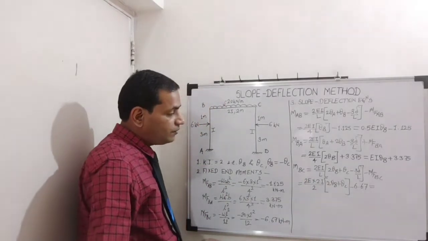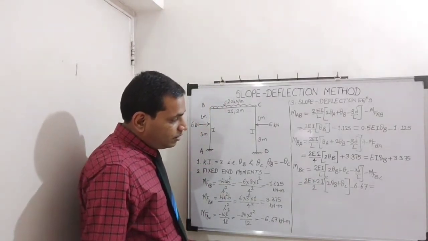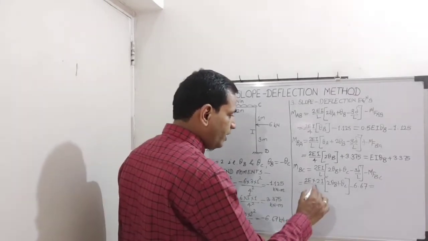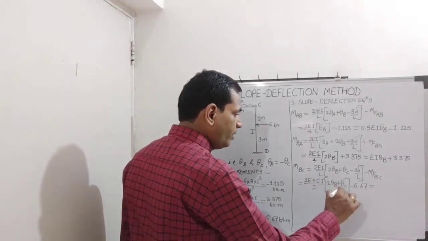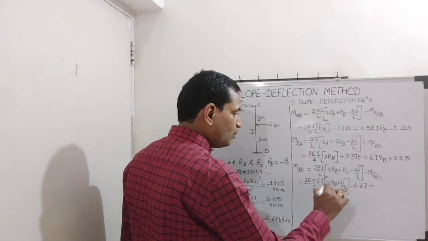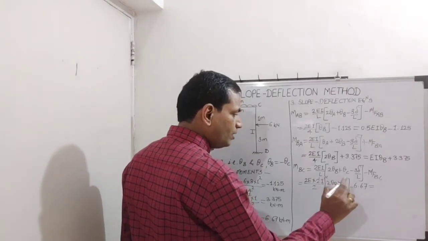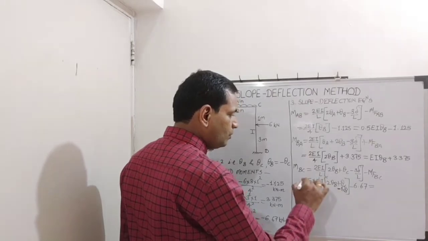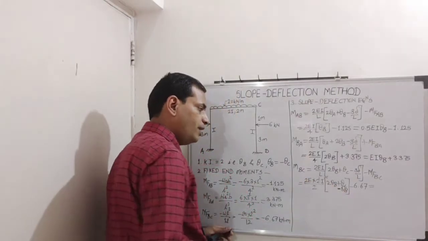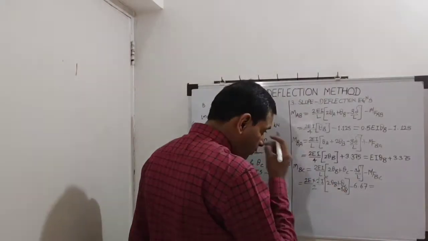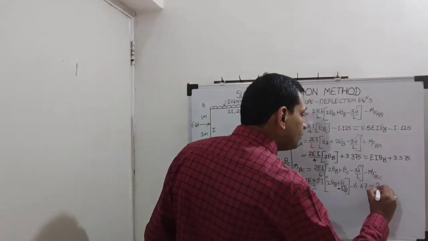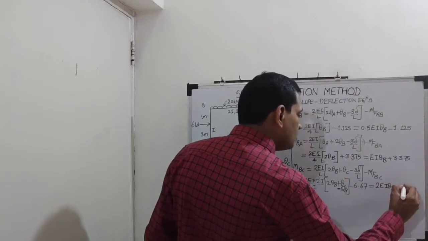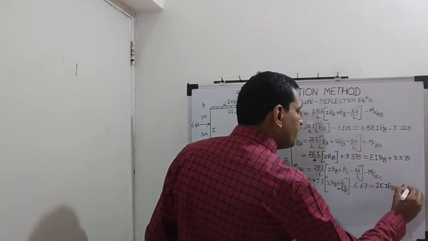So this will be 2 EI theta B. This will get cancelled. This will become minus theta B. So 2 theta B minus theta B is 1 theta B in the bracket. So 1 theta B into 2 EI theta B. Okay, so 2 EI theta B minus 6.67.